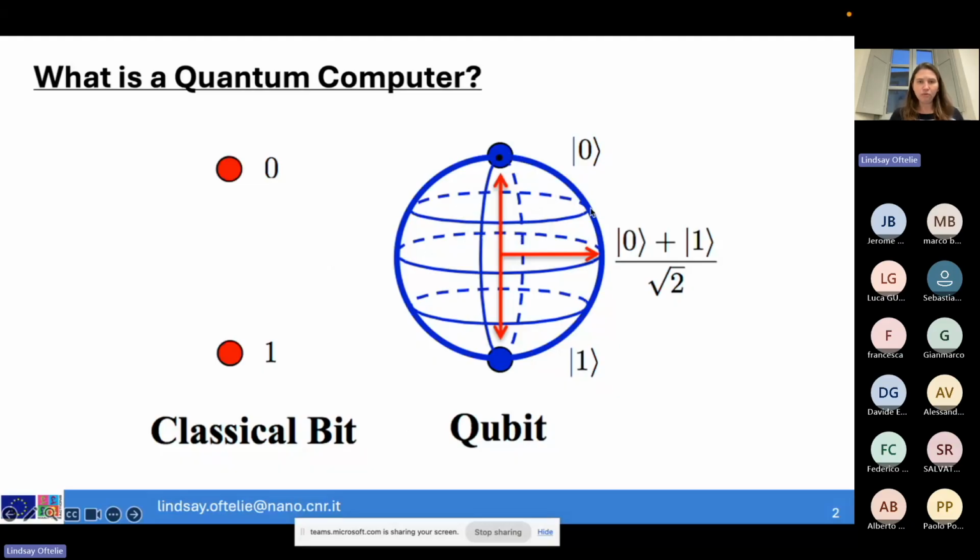So a qubit can be in an infinite number of states, and this can be represented by the points on a unit sphere, as shown here.